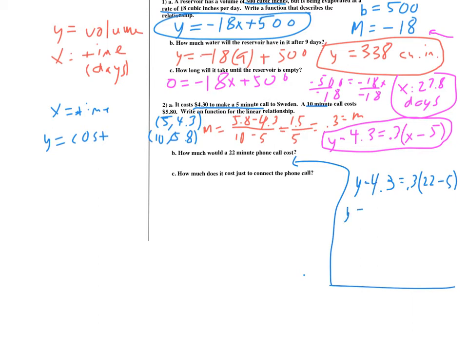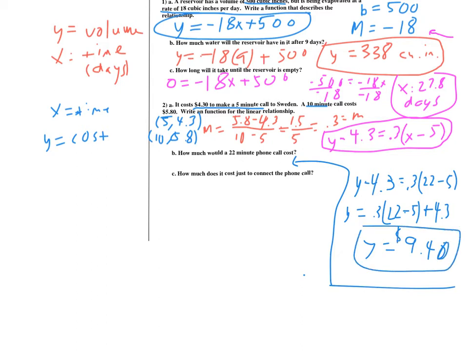I can actually go ahead and just add the 4.3 over, so I can do this all in one calculation. So 22 minus 5 in the parentheses plus 4.3. And if I just type all that in the calculator, I'll get my answer. 0.3 parentheses 22 minus 5, close the parentheses, plus 4.3. All right, so that gives me 9.4. This is money, it's the cost, so I'm going to put a dollar sign in front. I'm going to say $9.40 since that's how we usually look at money.